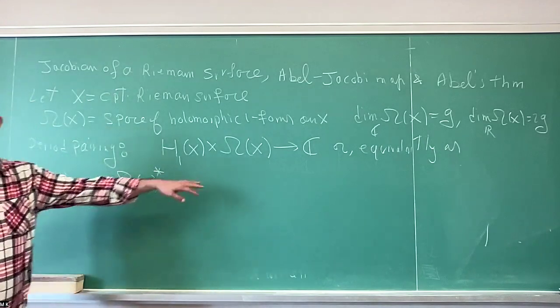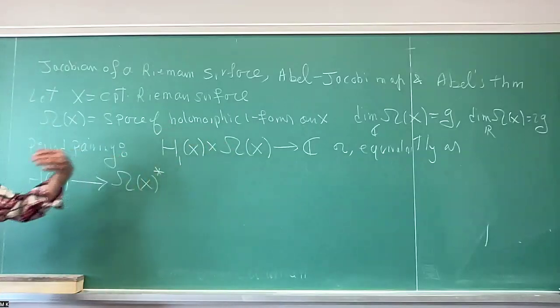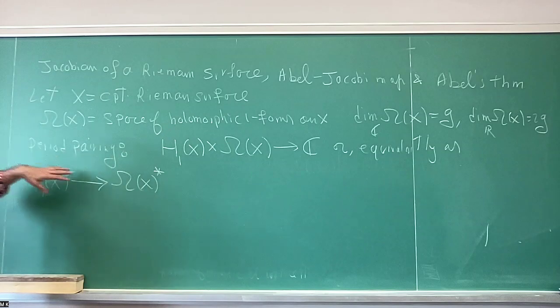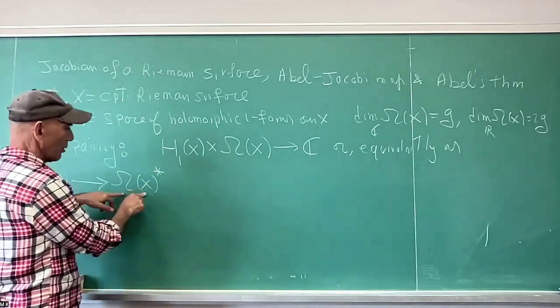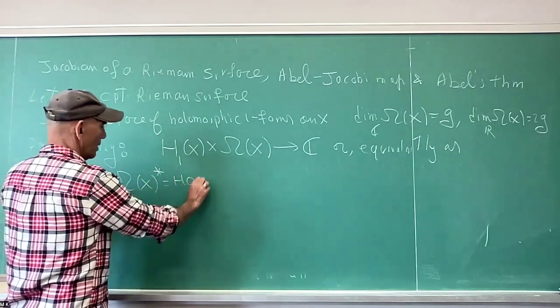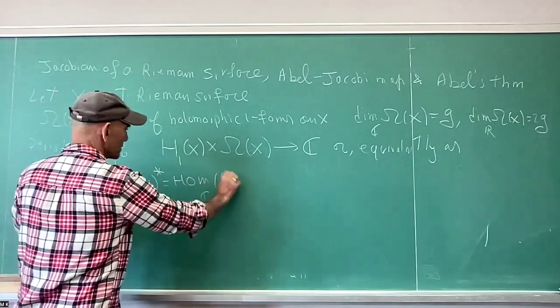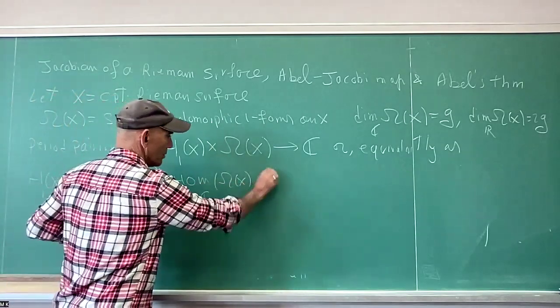If you define a bilinear map into this, it's the same thing as defining a linear map from this one into it. This is the complex dual of omega of X, the Hom over C of omega X and C, a linear complex dual of omega X.